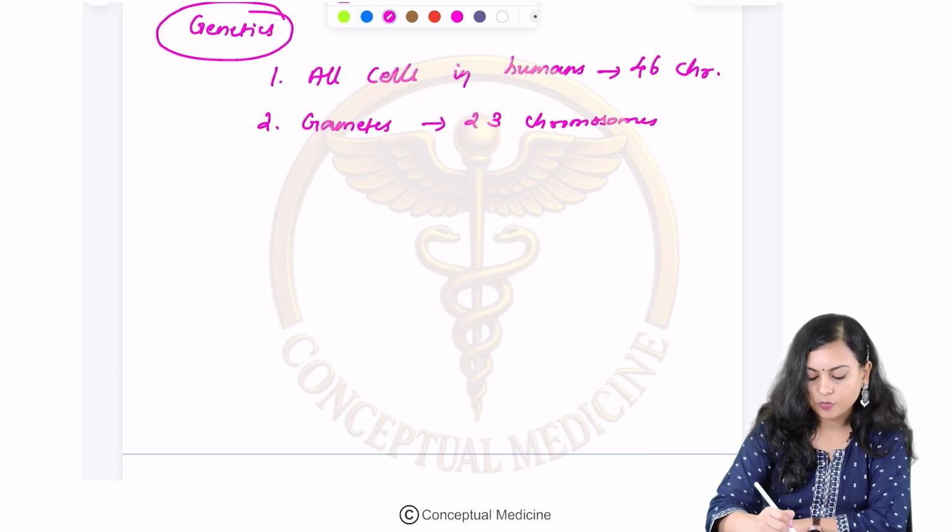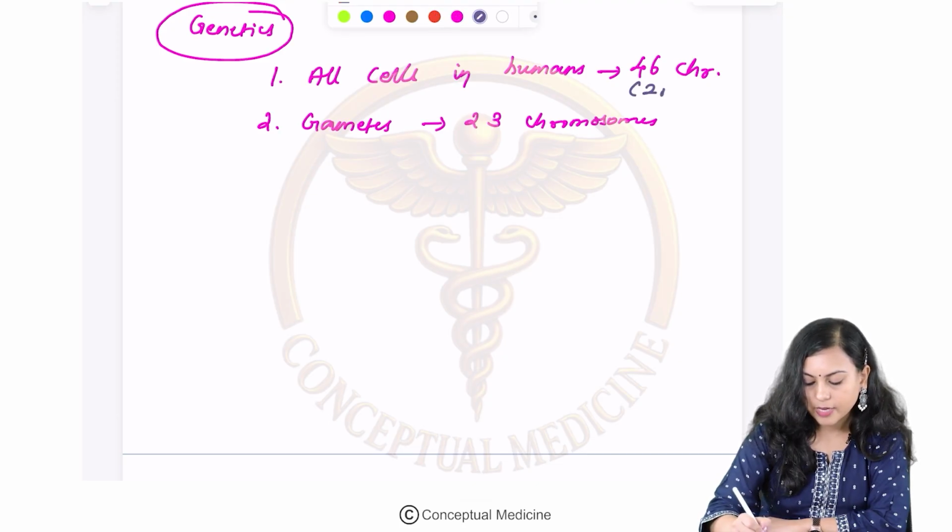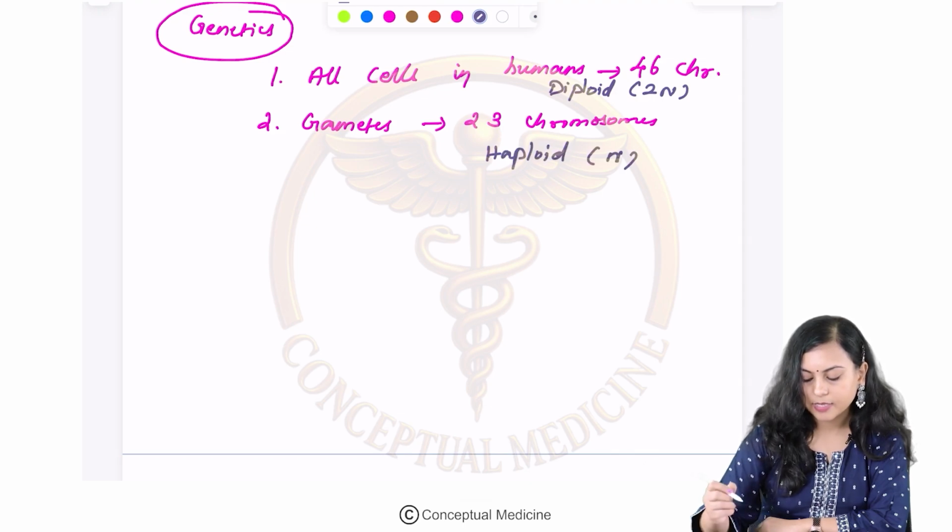The 46 chromosomes is represented as 2n or diploid. 23 chromosomes means it is haploid and is represented by a single n.